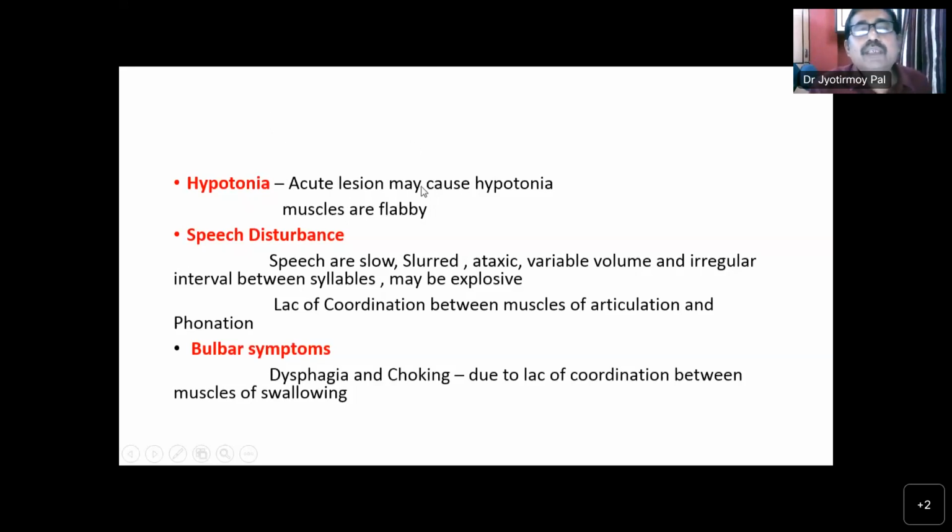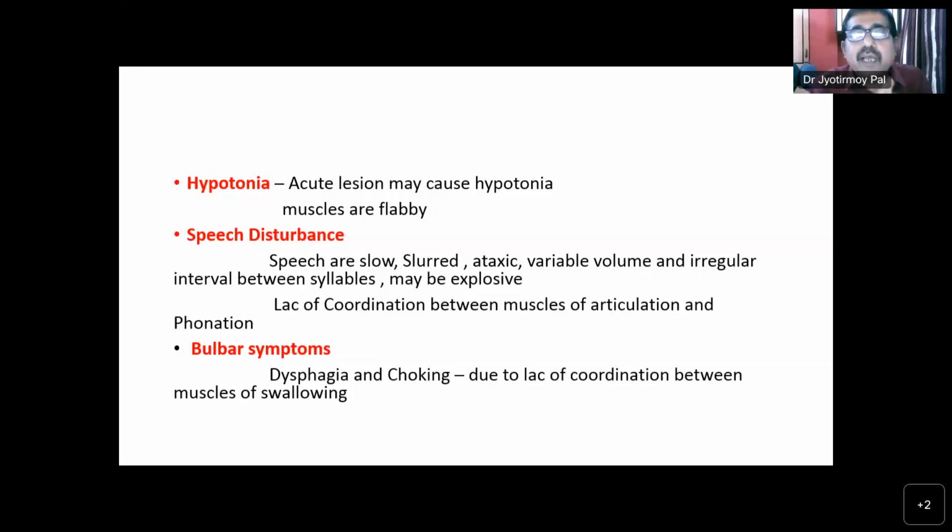Hypotonia: an acute lesion causes hypotonia, not a chronic lesion, because cerebellar output is basically excitatory. Speech: there is a lack of coordination between the muscles of articulation and phonation. When I talk, my vocal cords act for phonation, but as the sound is coming, my pharynx is open, my lip is working, my tongue is working.